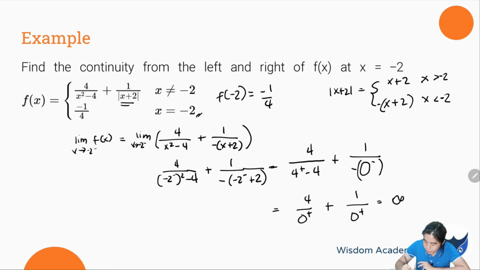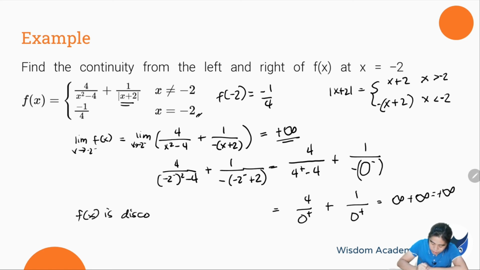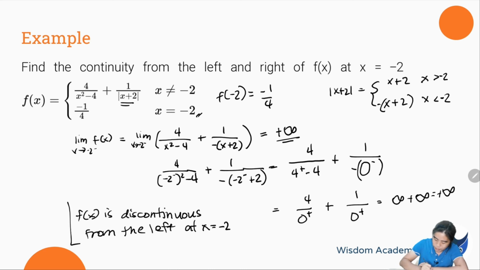This will be equal to infinity plus infinity, which will be equal to positive infinity. So the limit as x approaches negative 2 from the left is positive infinity. So we can say that f of x is discontinuous from the left at x equals negative 2.